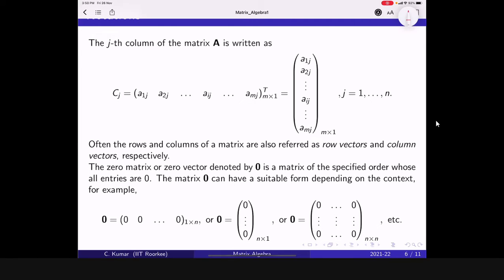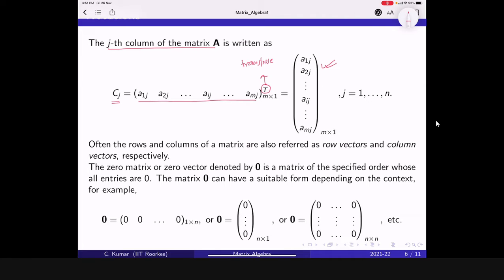And the jth column of a matrix A is denoted by capital Cj. So elements of the jth column will be A1j, A2j, Aij, so on to Amj. And you can write this in the transpose form here, or in this form.